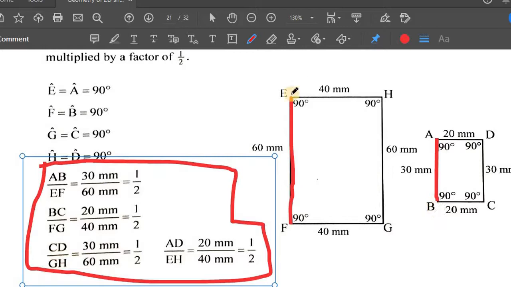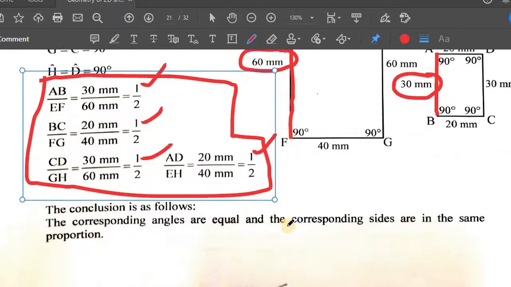Now I'm taking the smaller one over the bigger one. So AB is 30 and EF is 60. So 30 over 60 will give us 1 over 2. That's our ratio. Can you see that our ratio is the same? Half, half, half, half. The ratio is half, right?